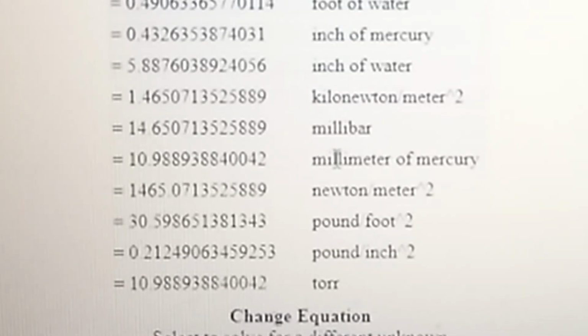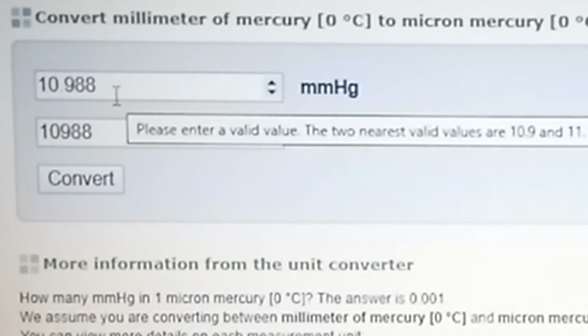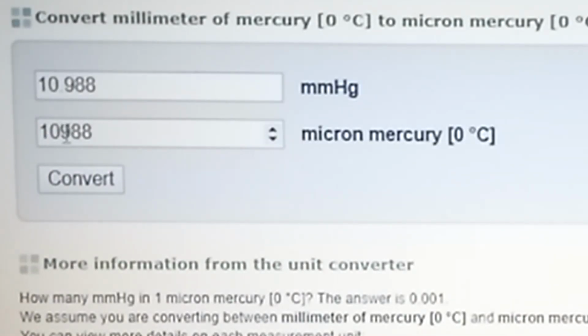So for all of what we just calculated, we get a final pressure measurement of 10.988 millimeters of mercury. Now, the digital gauge that I use, and most gauges that I use, are actually measured in microns of mercury, not millimeters of mercury. So we quite simply put some extra zeros on the end of that and get 10,988 microns of mercury.